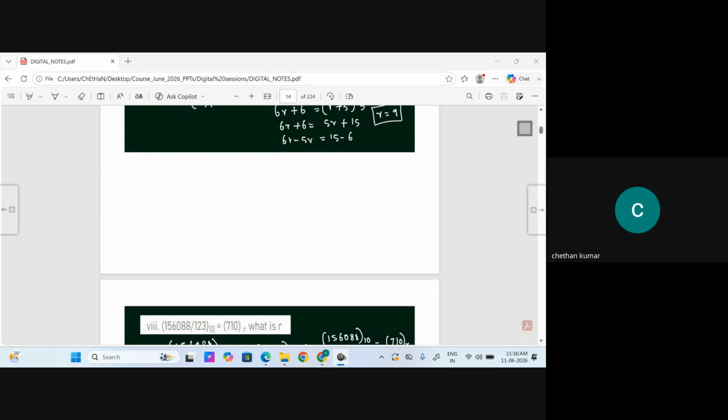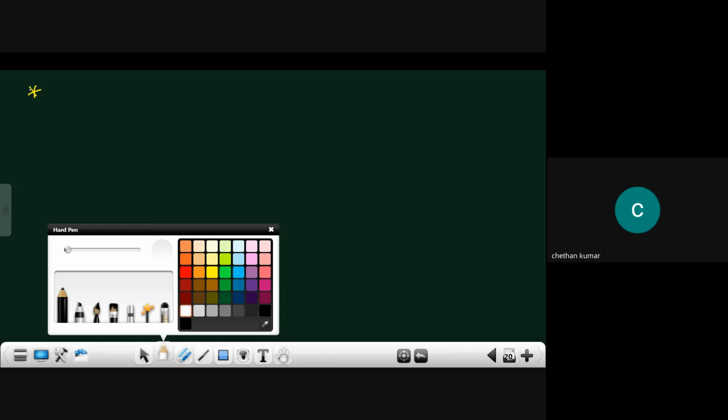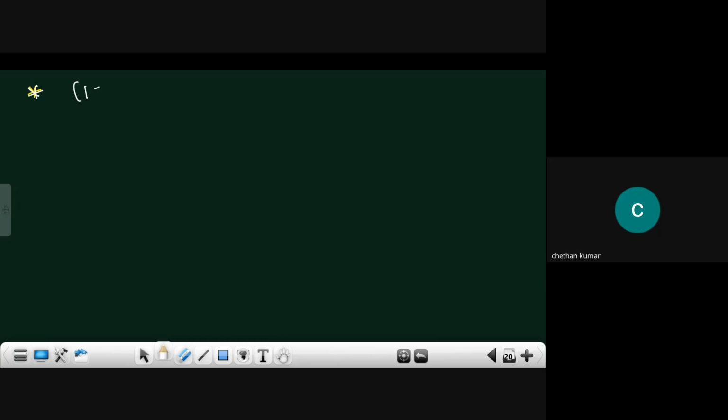So now tell me the value of that number: 156088, divided by 123 with base 10.